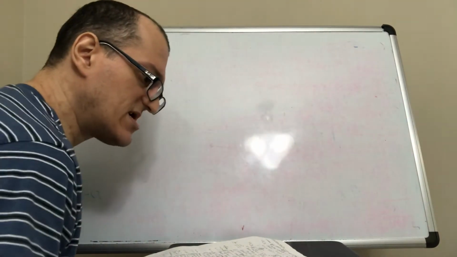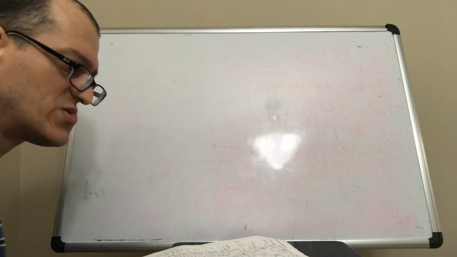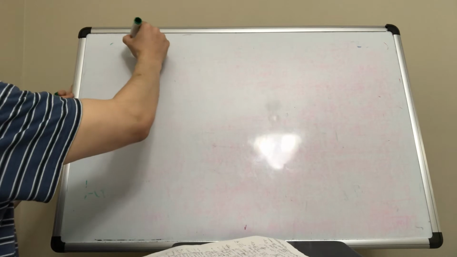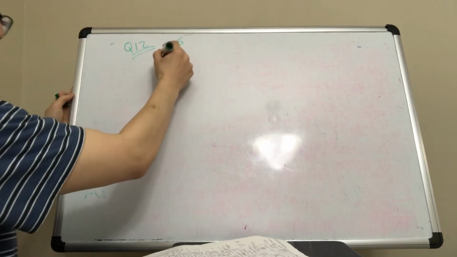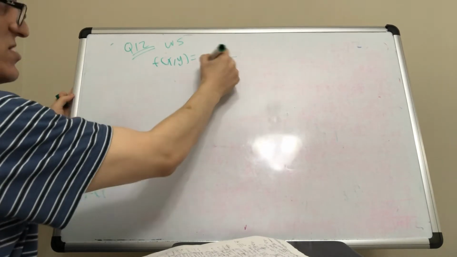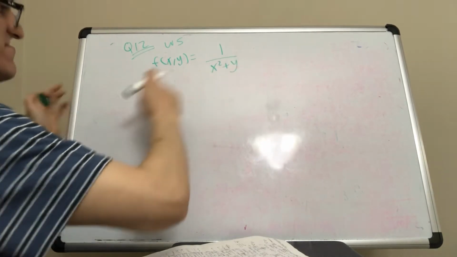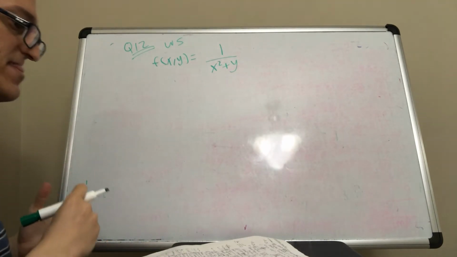Sketch a contour map for this function at the contour levels 1, 4, 9. The function in terms of x and y is 1 over x squared plus y squared. You want it at these levels.